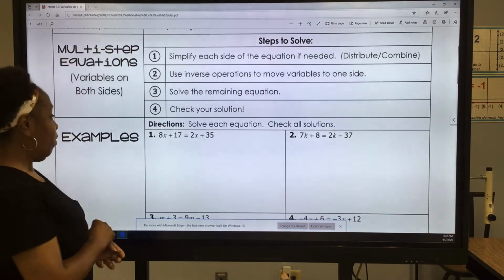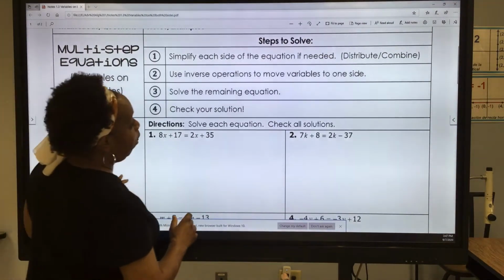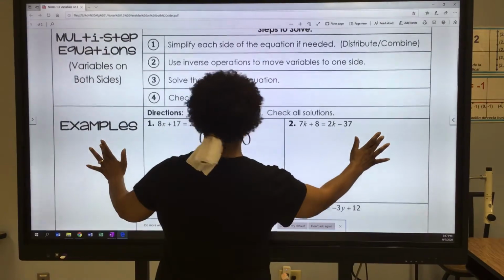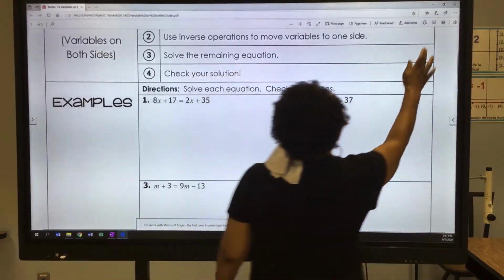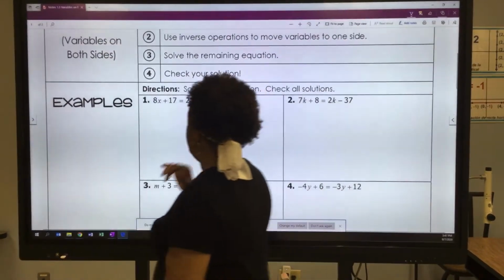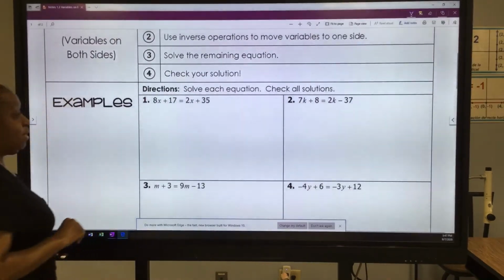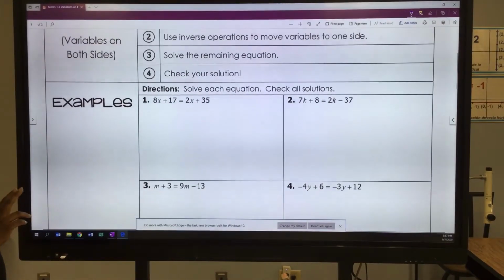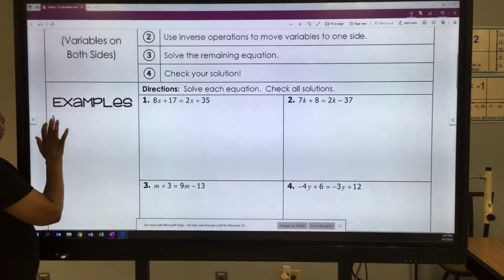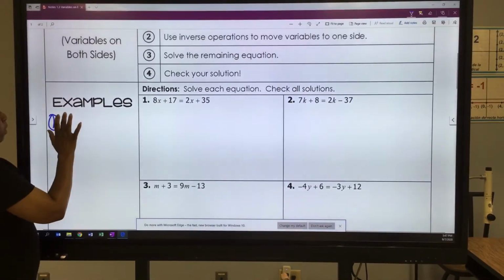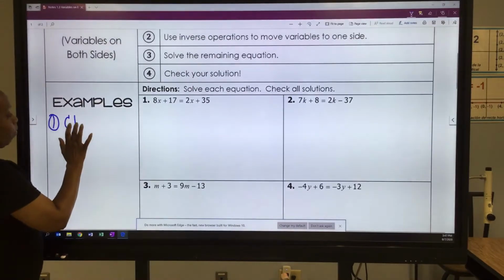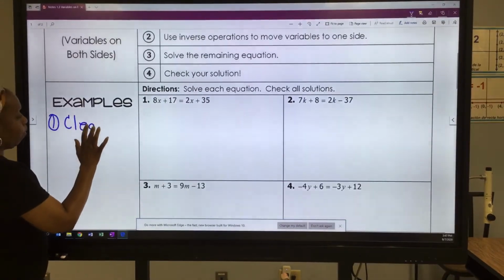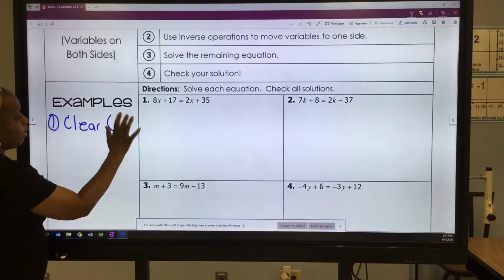Let's do one together. Take a look at this first problem right here. We have 8x plus 17 equals 2x plus 35. Remember I told you the first step is to clear parentheses.